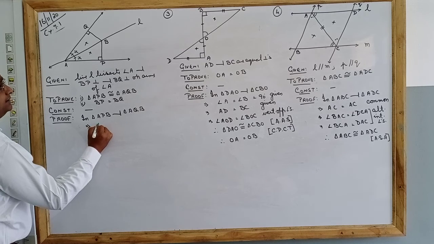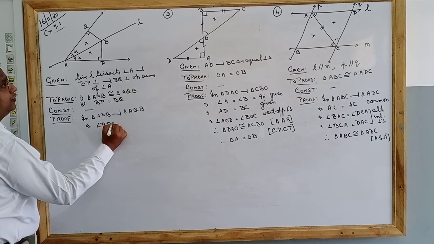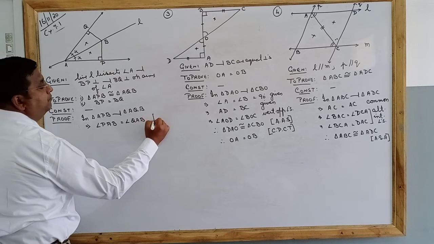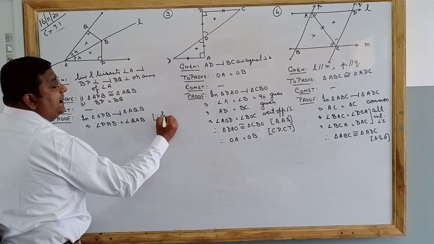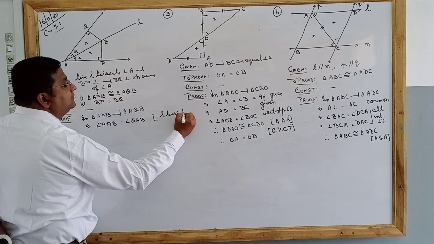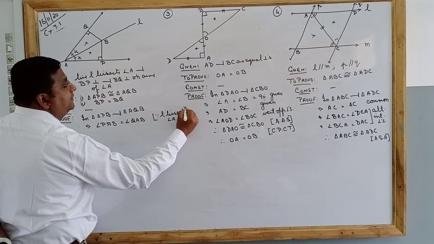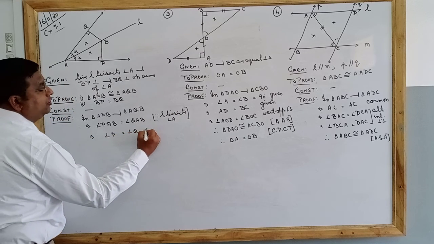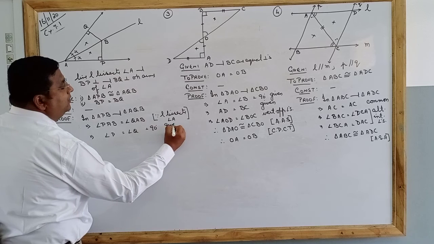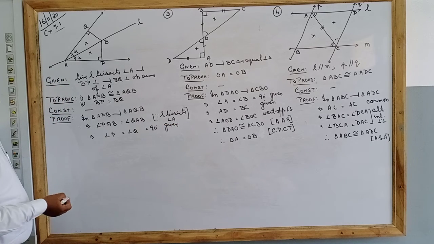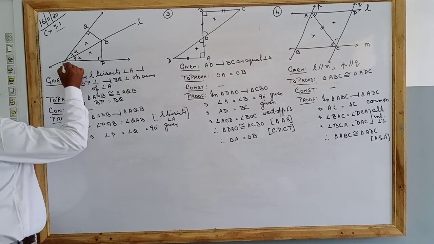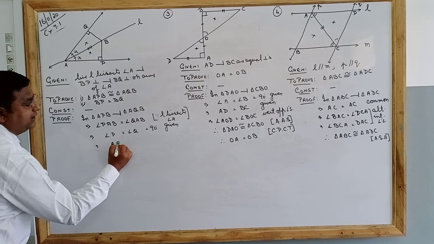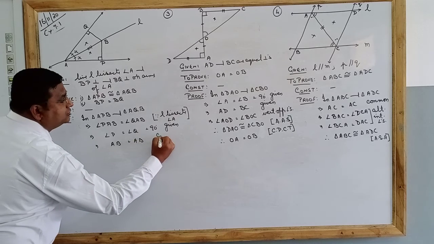So we can say that angle PAB is equal to angle QAB because L bisects angle A. Right? Then angle P is equal to angle Q, that is 90, given to us in the question. And one more side, which is that side? Can you see this side AB common? AB is equal to AB, that is common.